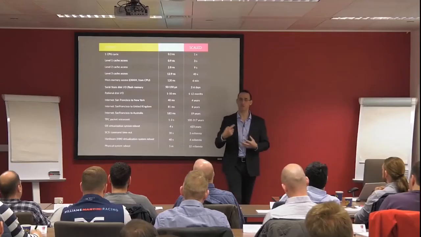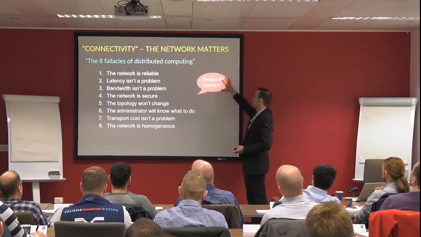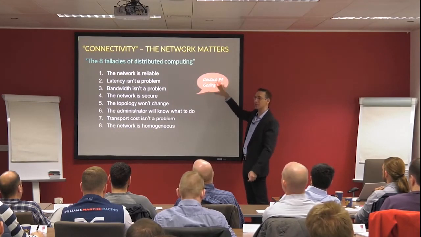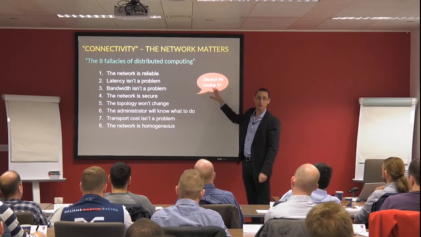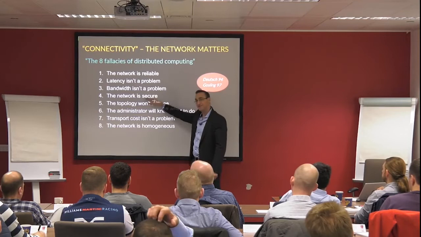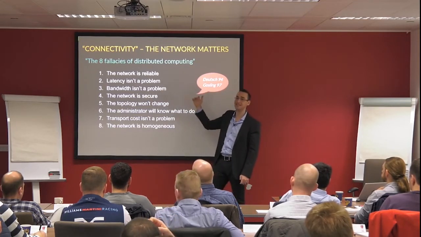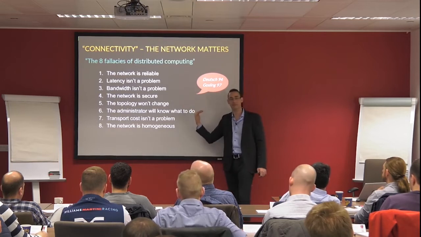Just to give you an idea of the source of these fallacies of distributed computing, 20 years in internet time is a very long time, right? The thing is that these first 4 fallacies were actually written quite a bit earlier. They were written in the late 70s by 2 engineers from Sun Microsystems.